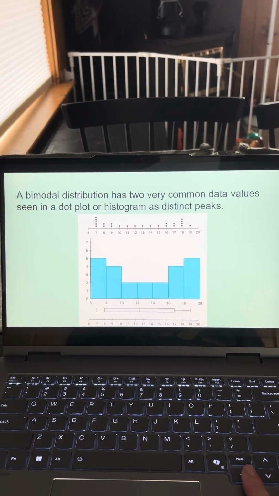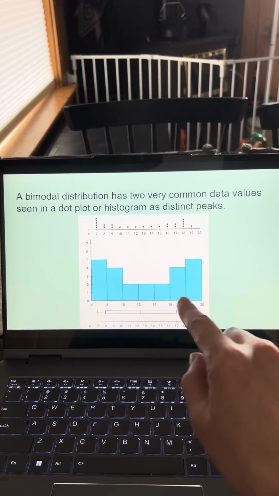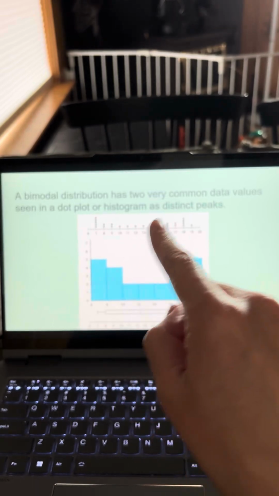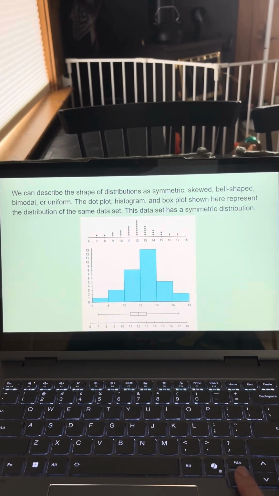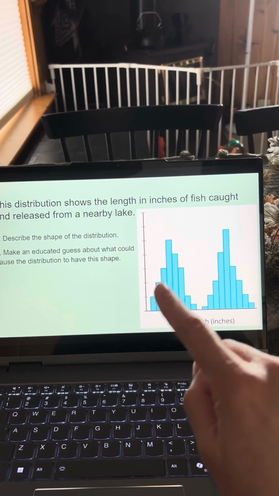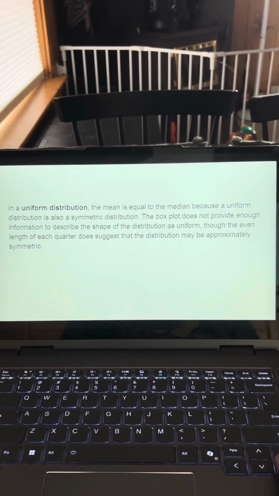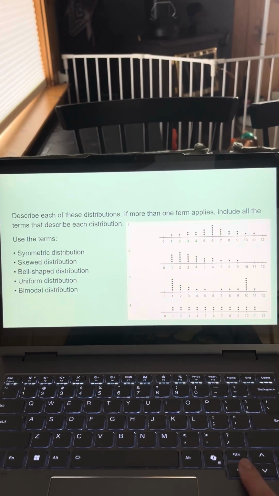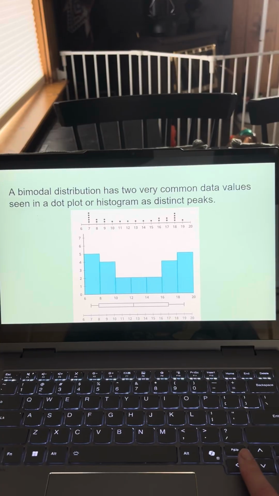A bimodal has two very common data values, like where it's got here and here. It's like two little humps, bimodal, just like we talked about with this one. This one would be bimodal because there's a clump here and a clump here. It can be distinct peaks.